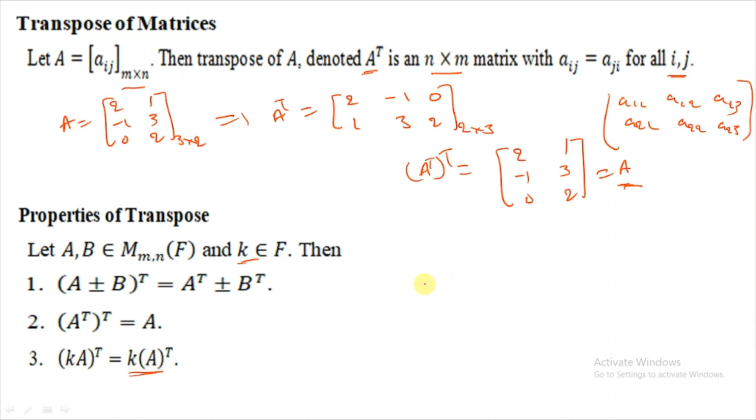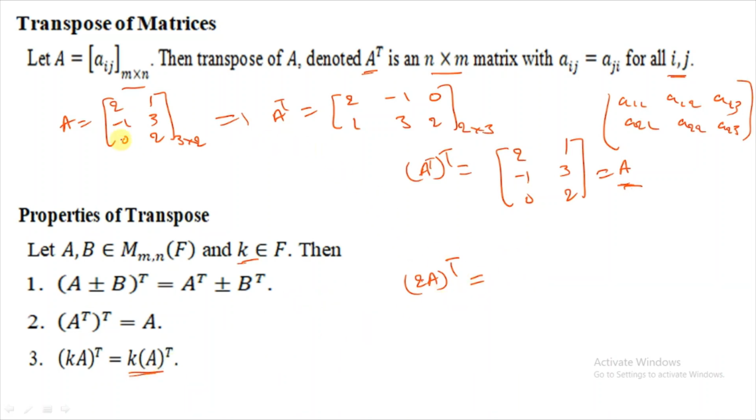Suppose you multiply 2A and transpose, or 2 into A transpose. Whether you multiply and then transpose, or transpose and then multiply, we get both the same.